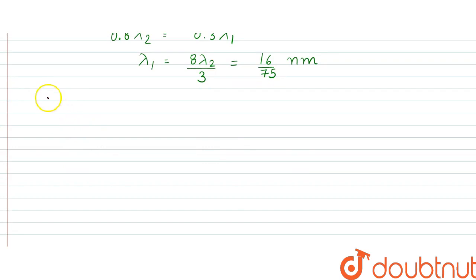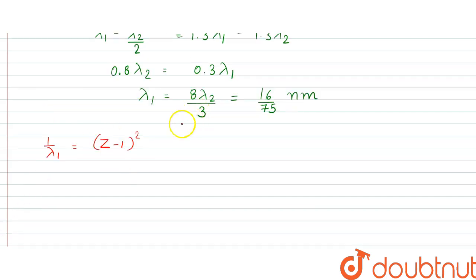From here we can write 1 by lambda 1 equal to Z minus 1 the whole square into R into the bracket. The K alpha line is always from 2 to 1, so the bracket is 1 over 1 squared minus 1 over 2 squared.